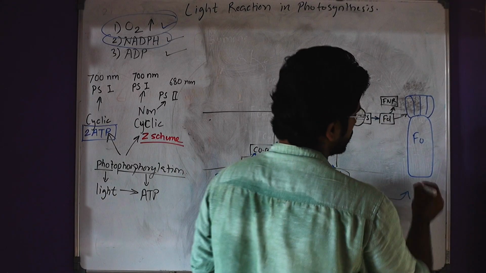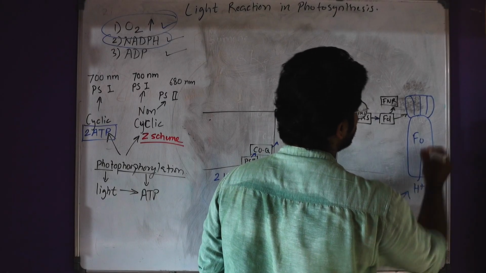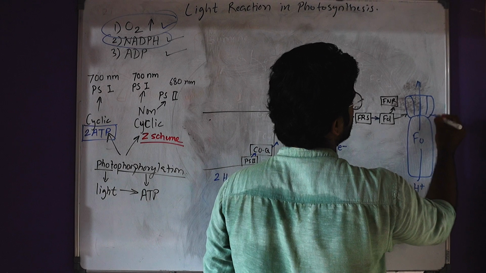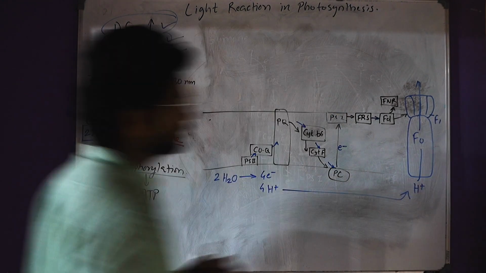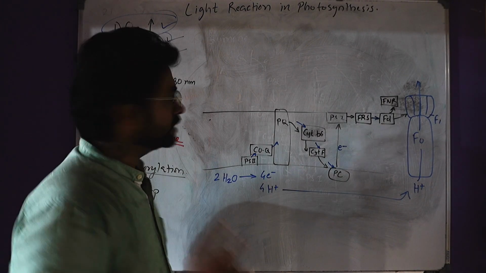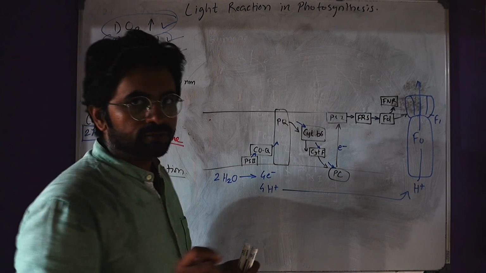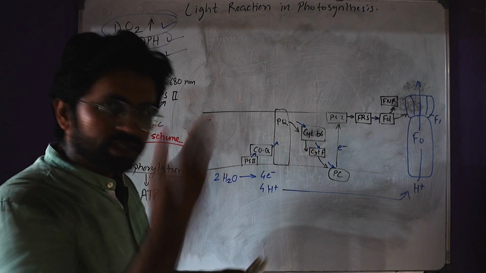Okay, so when hydrogen, that is proton, travels from F0 to F1, ATPs are formed. Okay, so pay attention. When one electron travels from plastoquinone, one H plus comes inside the lumen.